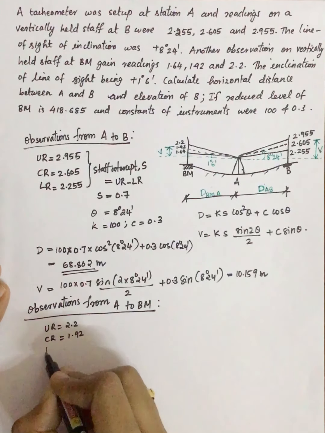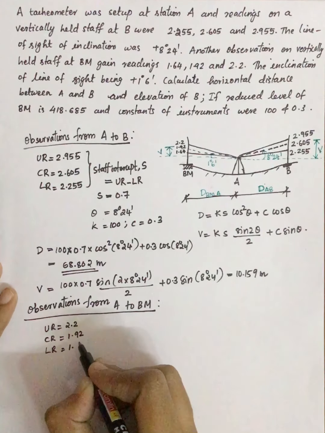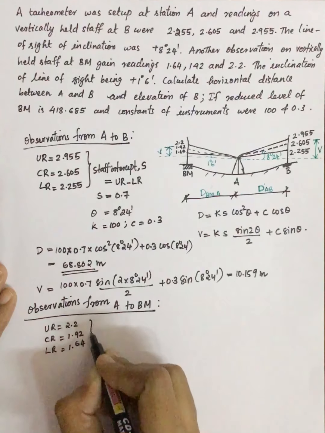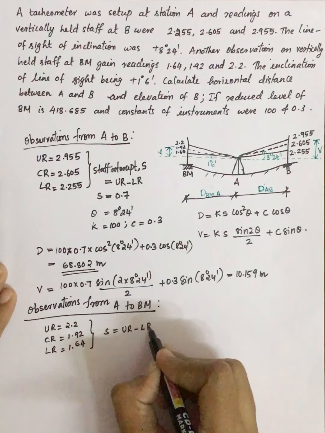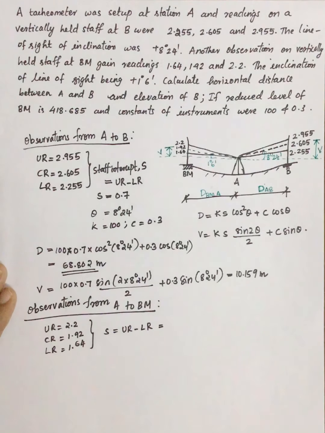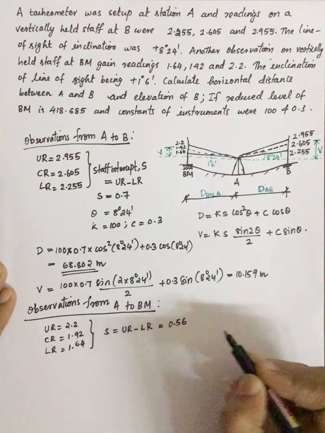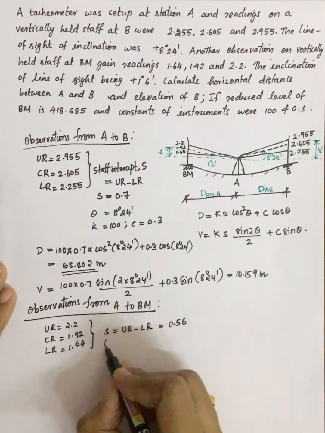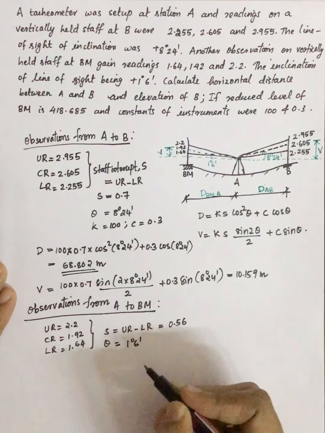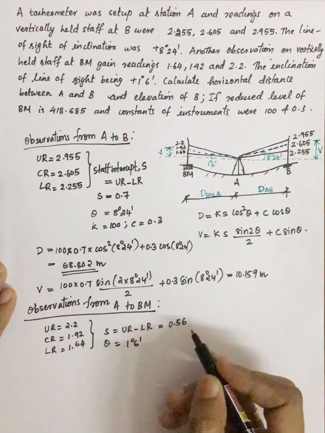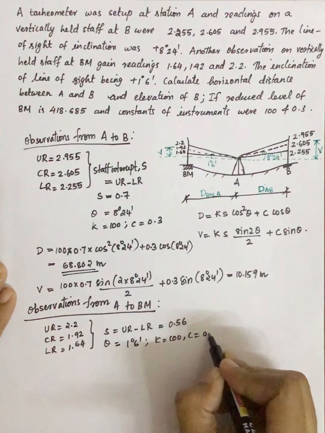Then lower reading is 1.64. So from this you can find S, that is upper reading minus lower reading, which is equal to 0.56. Okay, theta is given 1 degree 6 minutes. K we already know, K 100, C equal to 0.3.